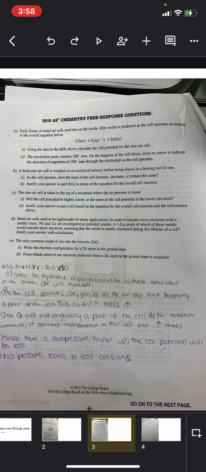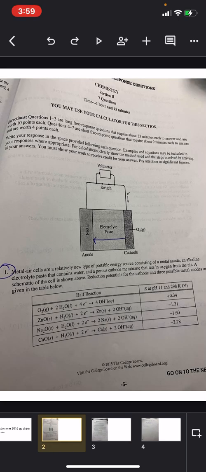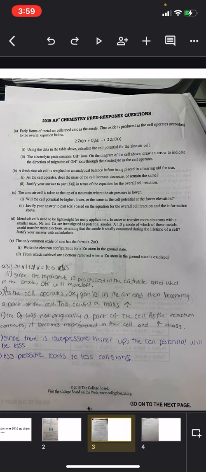In part B, it says a fresh zinc air cell is weighed on an analytical balance before being placed in a hearing aid for use. As the cell operates, does the mass of the cell increase, decrease, or remain the same? So looking at the cell, oxygen is in the air in the beginning of the reaction, so this would cause the mass to increase.